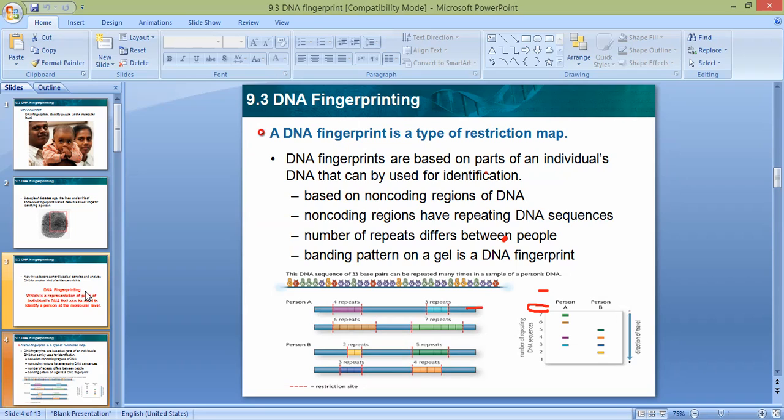But to compare and identify persons precisely, I have to compare non-coding regions with their repeats at 5 locations on the genome minimum.